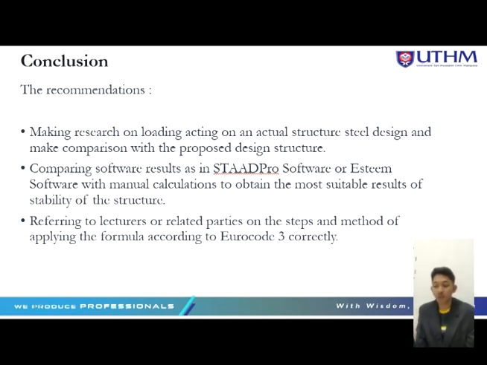And the last one, referring to our lecturer, Dr. Hilton, to know the steps and method of applying the formulas according to Eurocode 3 correctly. Therefore, we summarize that the proposed structure is stable and suitable for the arrangement and loading of the structure system based on the manual calculation.